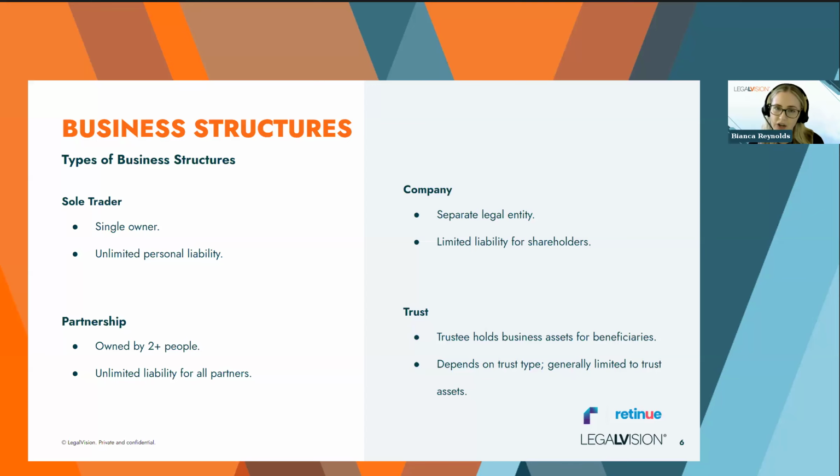And finally, a trust structure where you have a trustee that owns the assets of the business for the benefit of the beneficiaries of the trust. And that trustee can be an individual or a company as well.